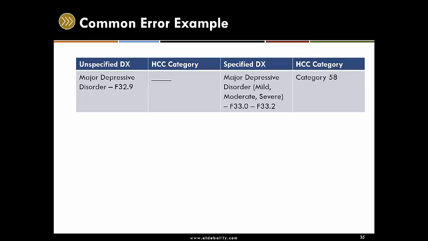So if we have major depressive disorder, typically what you see documented in a chart is just depression, and that's going to get coded to F32.9. If a patient has depression and they're on long-term treatment, can it be further defined as a single episode or a recurrent episode?